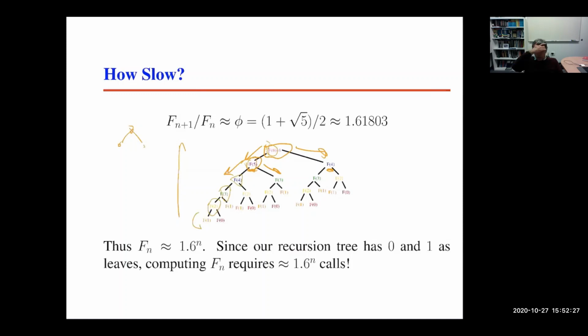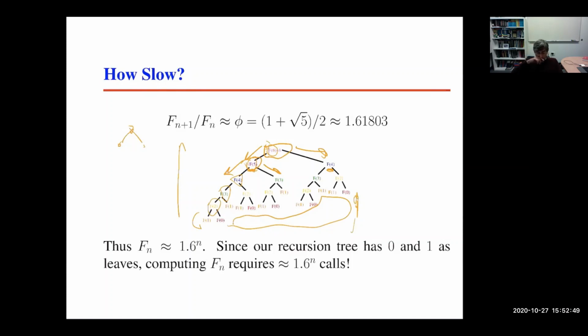So that's a reason to think that it is actually 2 to the n. In fact, it's a little bit less, because it's not a complete binary tree. On this side, the height is only half of what we had before.